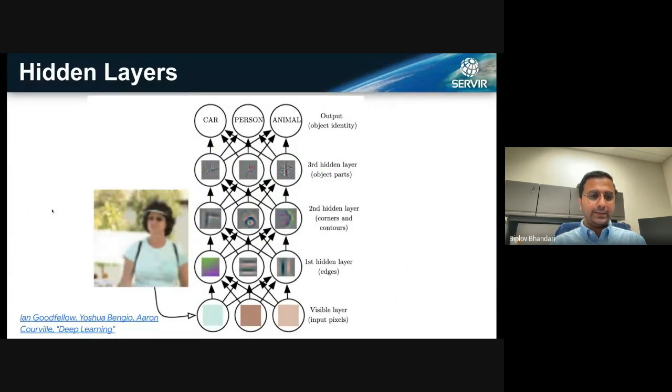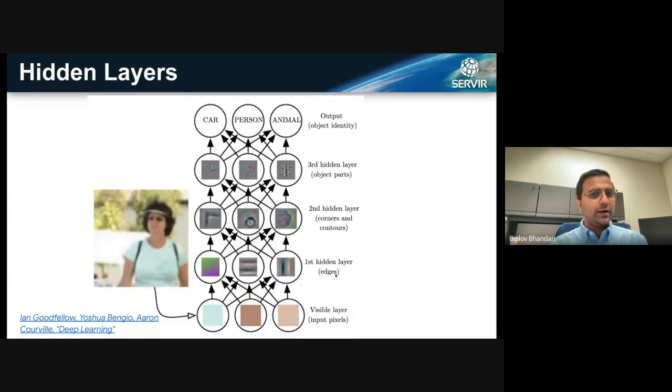And again, taking this from Ian Goodfellow's book, if you have, for example, a picture, you put that as an input layer. You could have an RGB layer, or you could have as many layers as you want. After the input layer, the hidden layer learns different representations of that input.